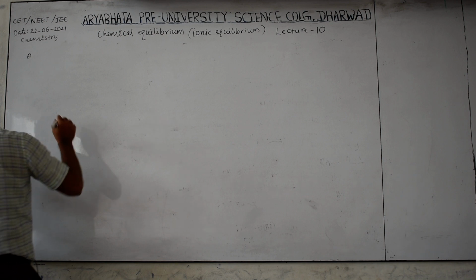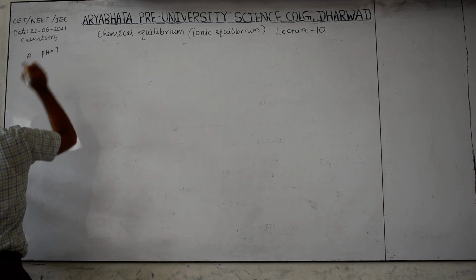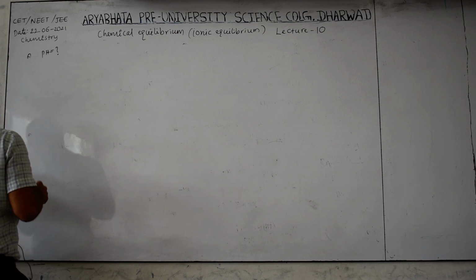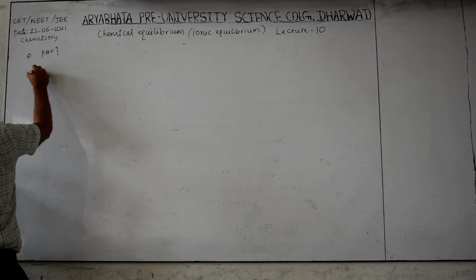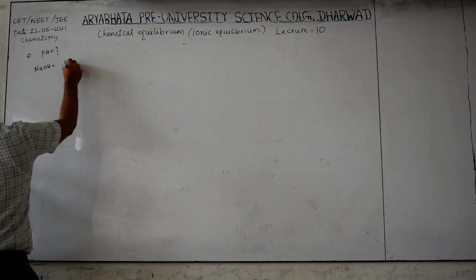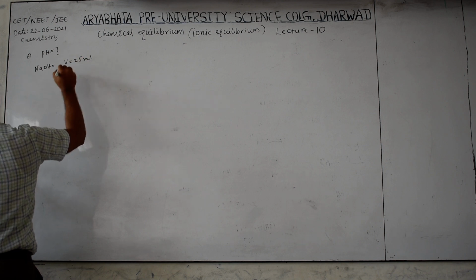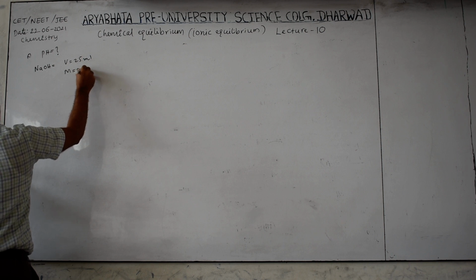Next, what is the pH of the solution? Question is, what is the pH of the solution? In which 25 ml of NaOH is given. The volume is 25 ml and the concentration, molarity, is given as 0.1 M NaOH.